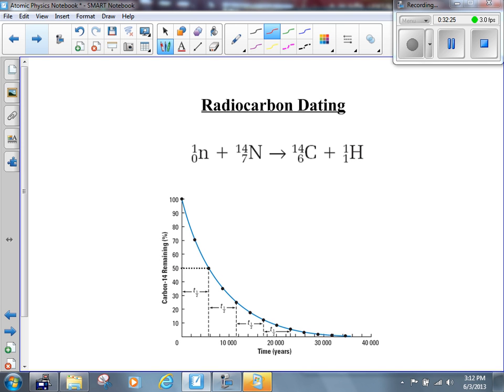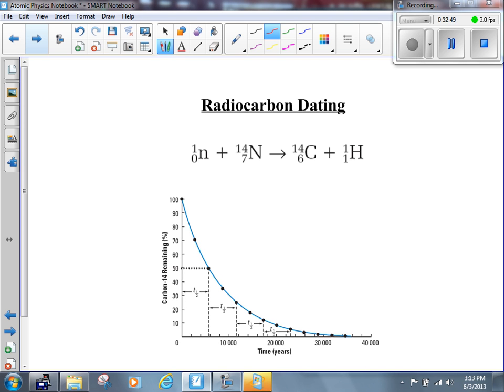Now, that radioactive carbon-14 decays. As it decays, you would think the amount of radioactive carbon-14 in the living thing would decrease, but it doesn't, because that living thing keeps ingesting more carbon dioxide, which replaces the radioactive carbon-14 that is decaying.